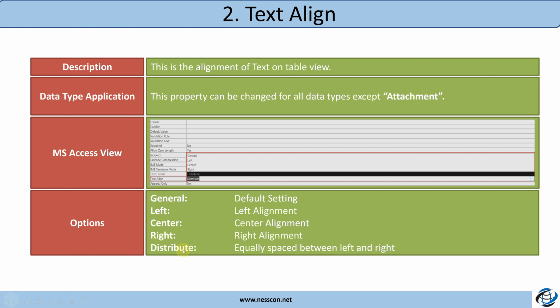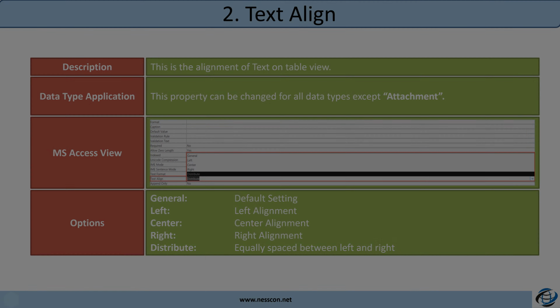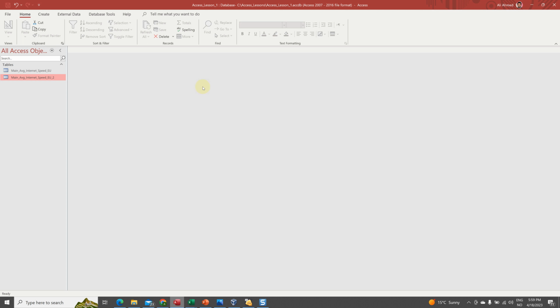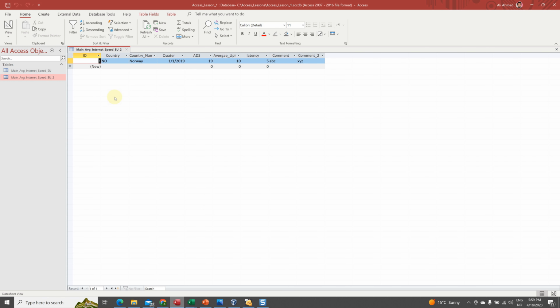What does this mean? Then what we can do is go to MS Access and have a practice on this property. So here we are in MS Access, the database that we created in our last lesson. Let's have a look at the table, how the data is aligned as of now. The numbers are aligned on the right and the text is aligned on the left.